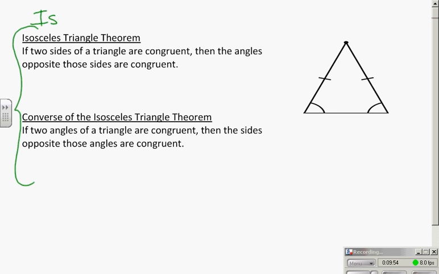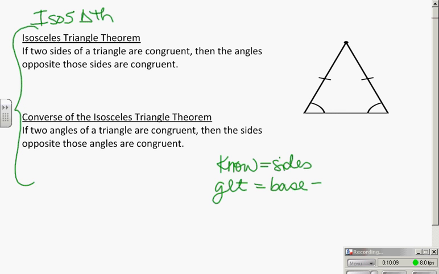The isosceles triangle theorem is something we've talked about before. The converse, we are going to lump together and call the isosceles triangle theorem in all of our proofs. And basically, if you know equal sides, you're going to get equal base angles.